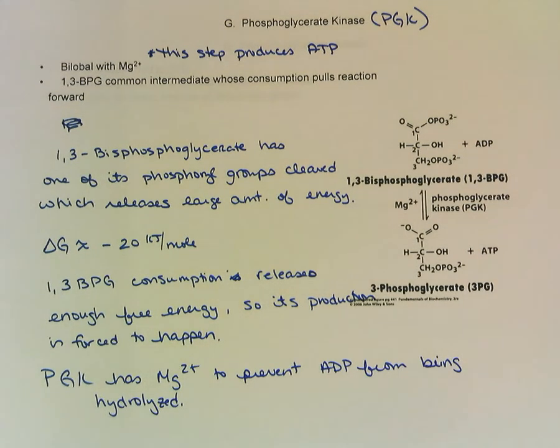So phosphoglycerate kinase uses magnesium to prevent the ADP from being hydrolyzed to AMP. Forces it to make ATP.